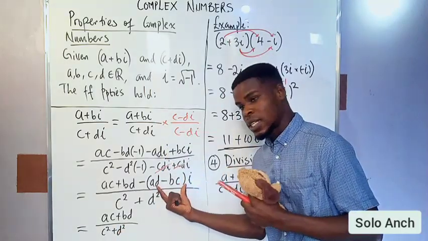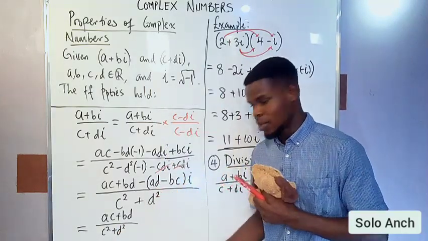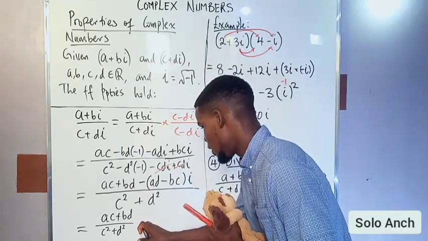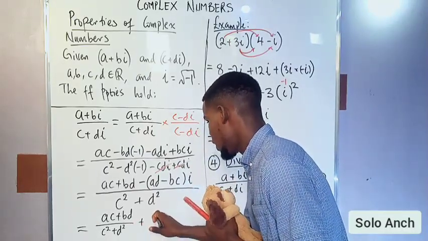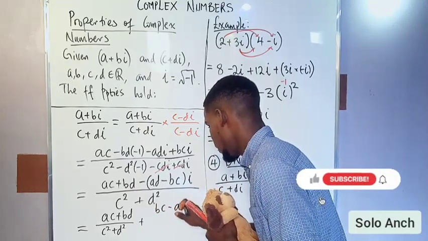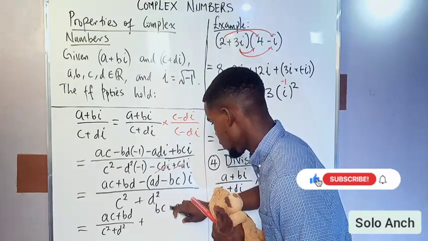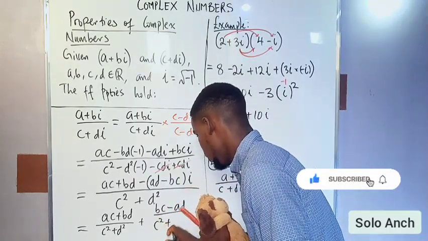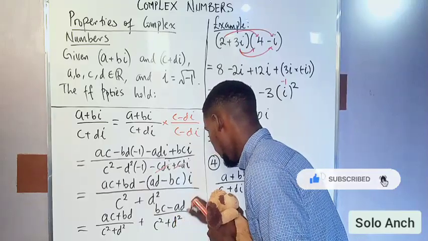And then we also take this one, divided by the same denominator. And I would like to have a positive out here instead of a negative. So this is what I'm going to do. We'll just put it this way, bc minus ad. And then we have divided by c squared plus d squared, and then we put the i out here.